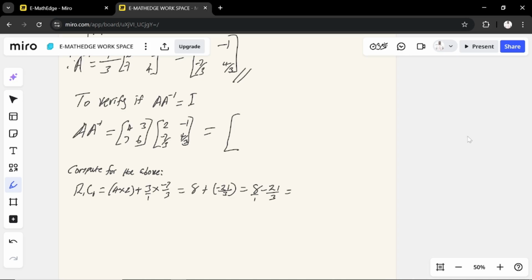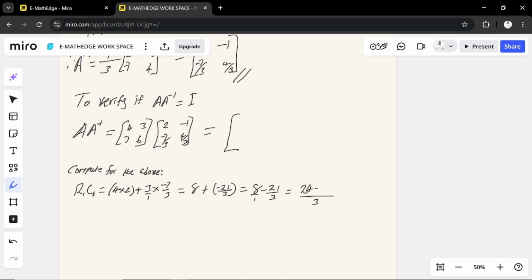So how do we do that? First, since the denominators are not the same, what you will do is obtain the LCM, lowest common multiple, which is 3, right? Such that 3 divided by 1, which is this denominator, is going to give us 3. And that 3 multiplied by 8 is going to give us 24.